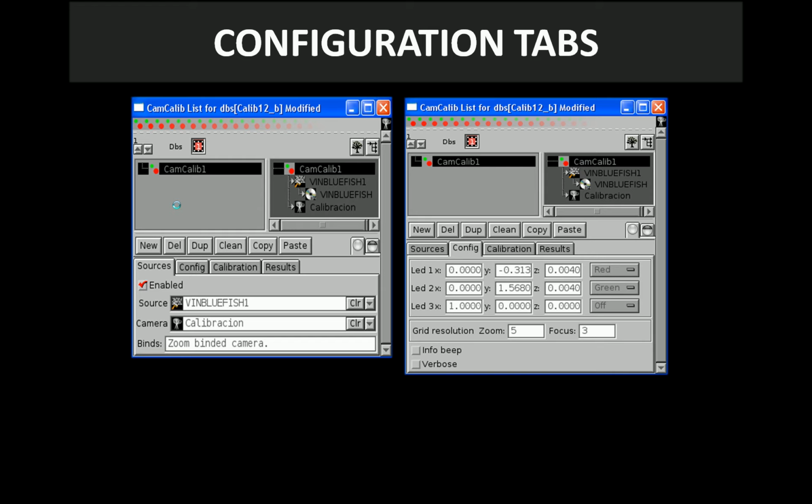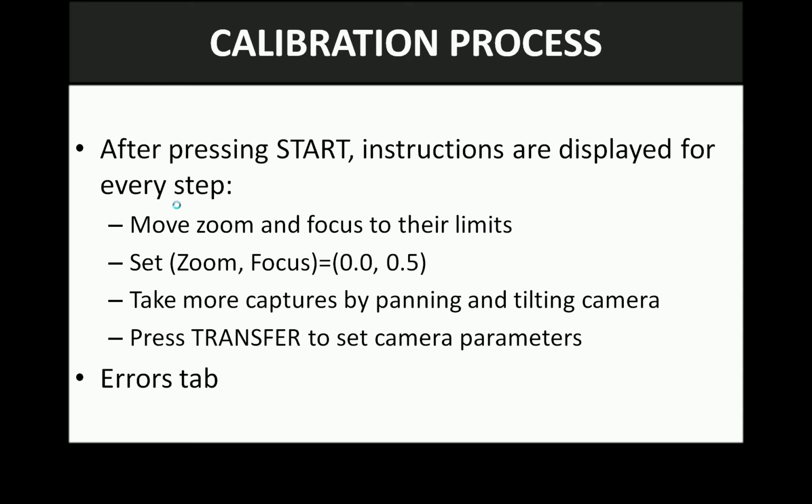In here you also see the info beep and the verbose checkboxes. Verbose allows printing on the MS-DOS shell all the warnings or things that happen during calibration, and the info beep just tells you when you capture any camera position. Well, now the calibration process starts once you press the start button. Once you do that, every single step has its own help, and the plugin tells you what to do at any moment.